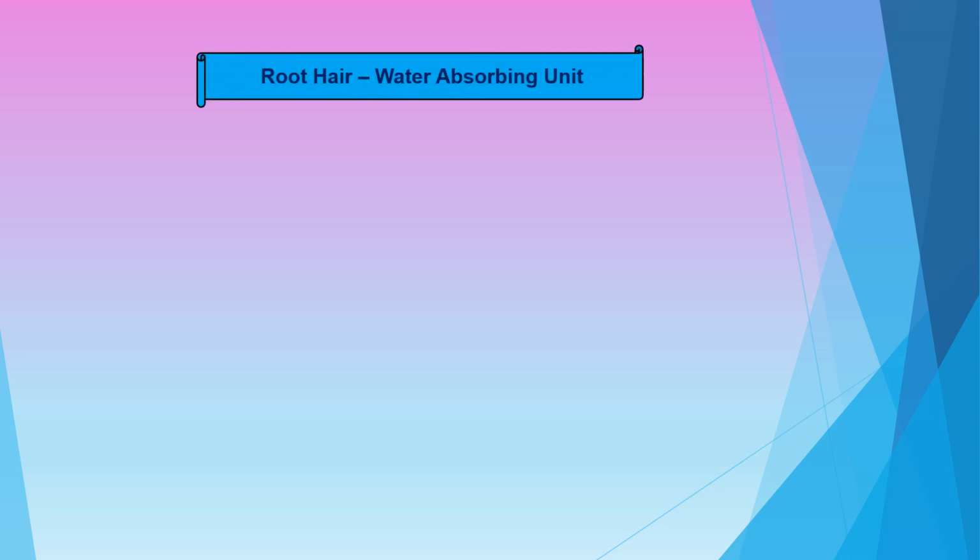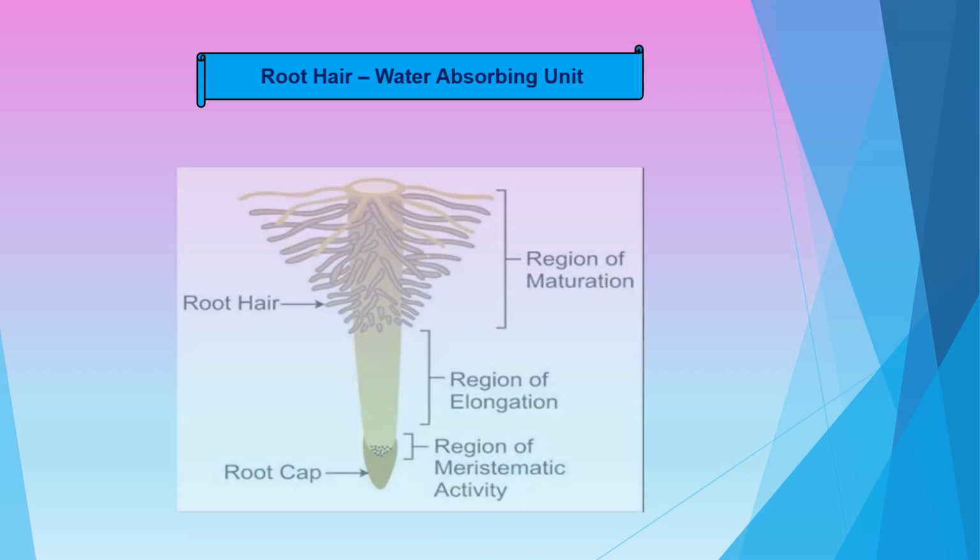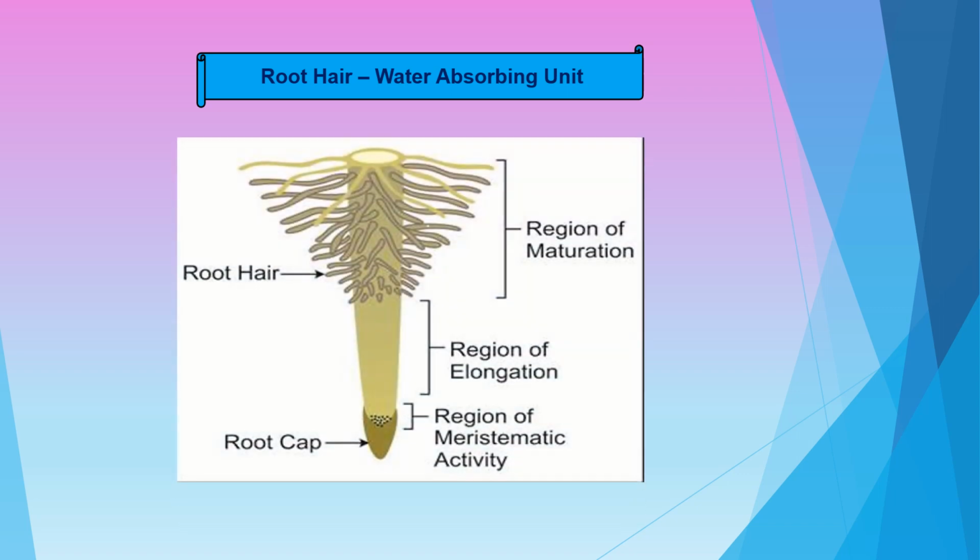First one, root hair water absorbing unit. There are millions of root hairs on the tip of the root which absorb water and minerals by diffusion. Diffusion means without energy the water molecules are moving from the soil to the root hair. That is diffusion.